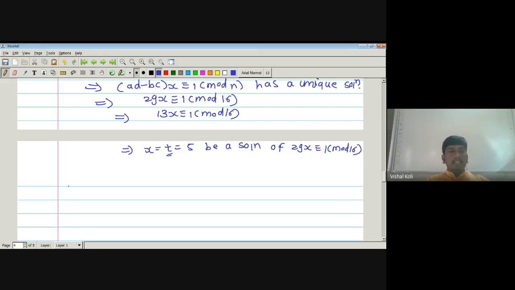Then, as we know, x is congruent to (dr minus bs) into t modulo n.